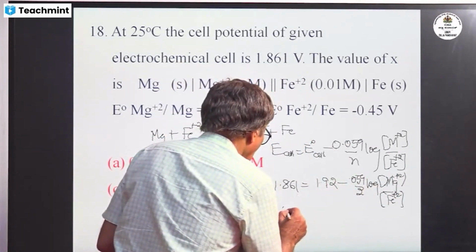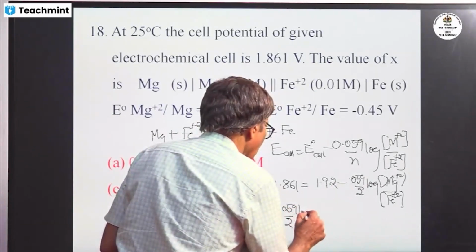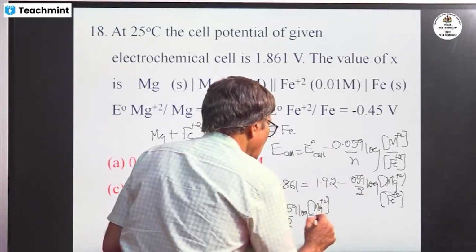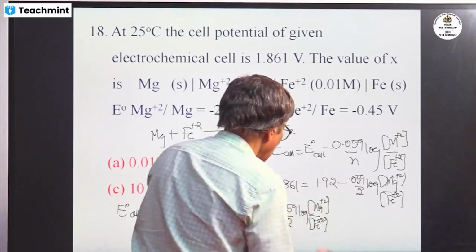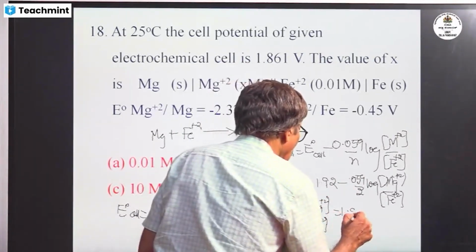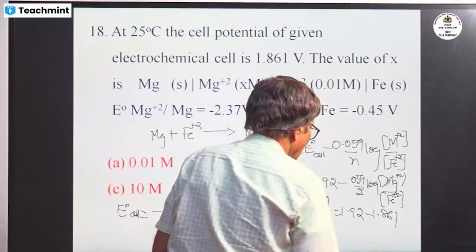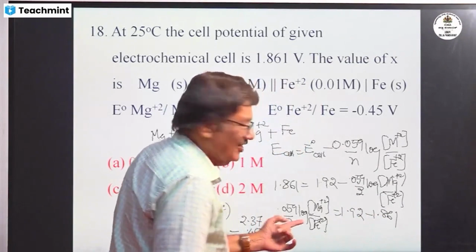Therefore, 0.059 by 2 log Mg plus 2 by Fe plus 2 is equal to 1.92 minus 1.861.